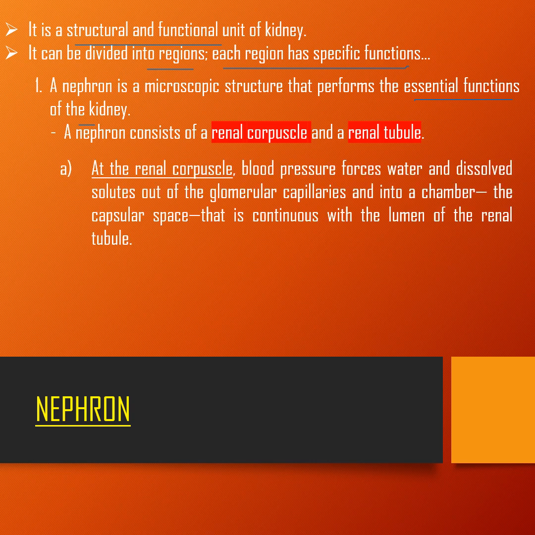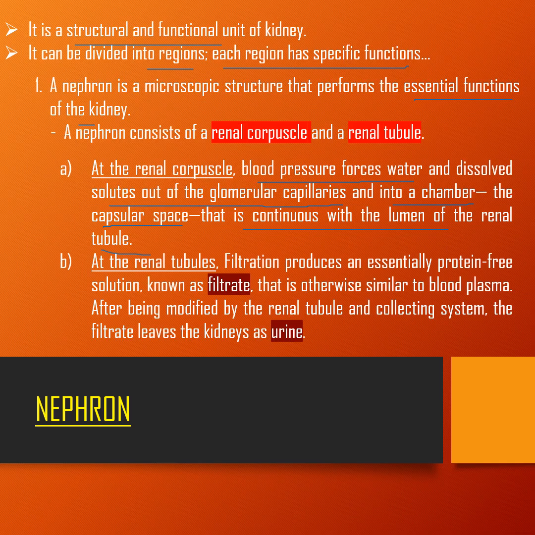At the renal corpuscle, blood pressure forces water and dissolved solutes out of the glomerular capillaries and into the chamber, that is the corpuscular space, that is continuous with the lumen of the renal tubule.